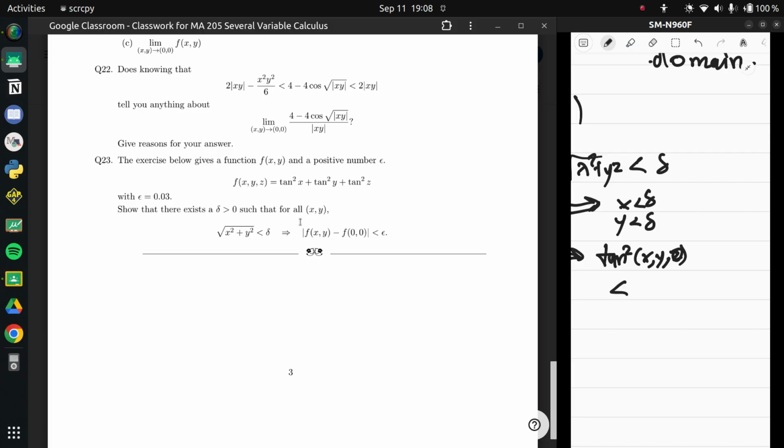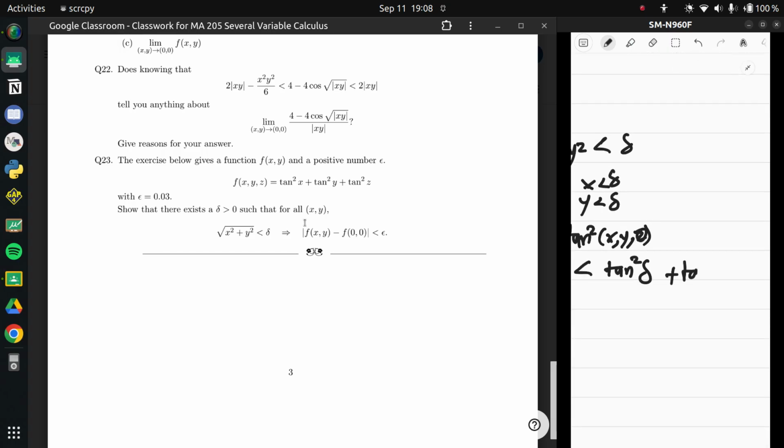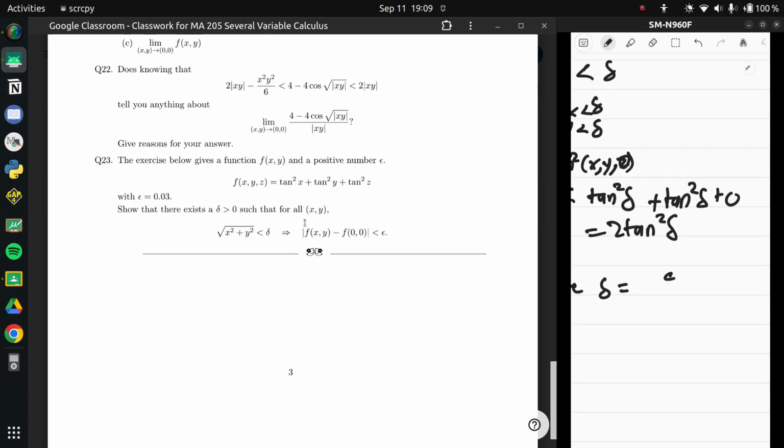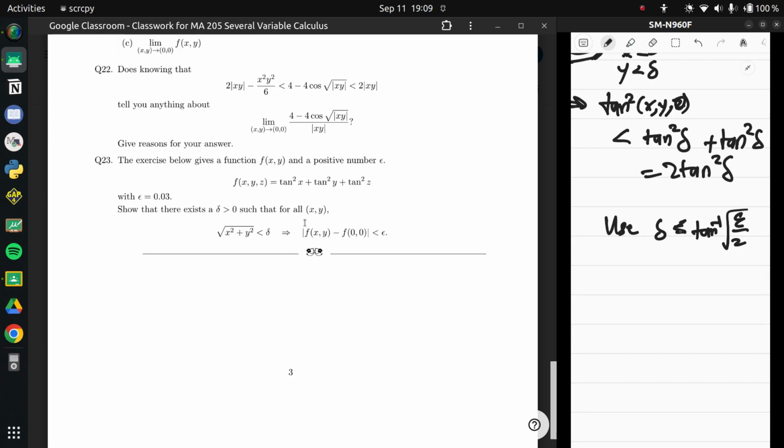So what that implies is this will be less than tan square delta plus tan square delta plus 0, which is just 2 tan square delta, right? And so we want this to be epsilon. So basically we use delta equal to tan inverse of the square root of epsilon by 2. Actually, use any delta which is less than or equal to this number and things work out.